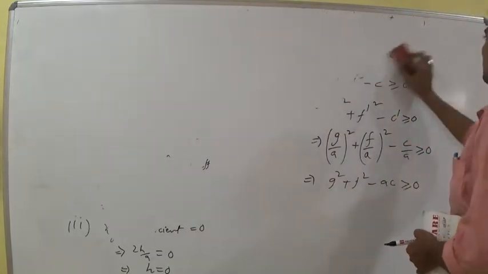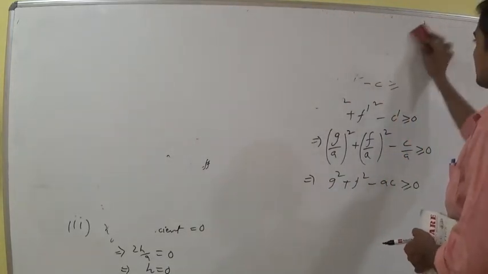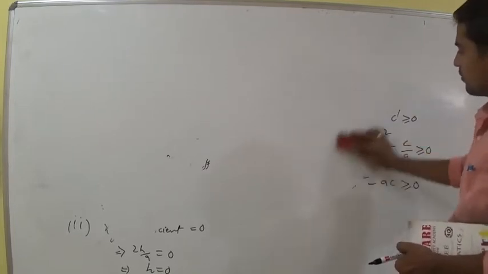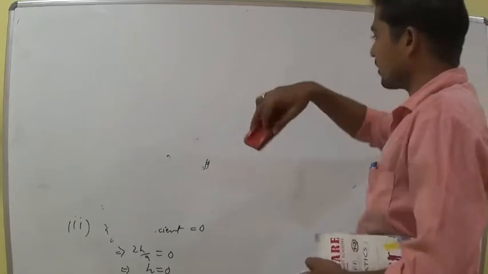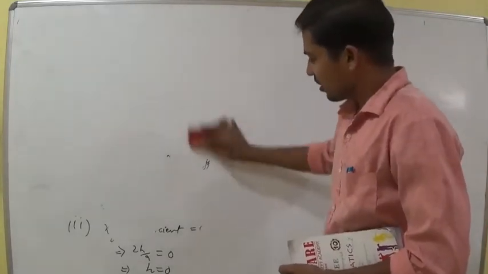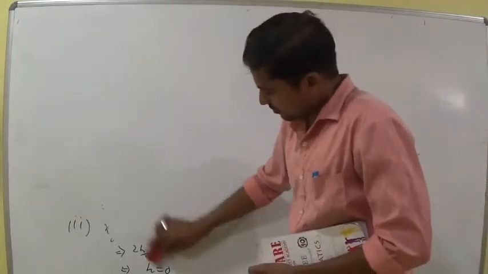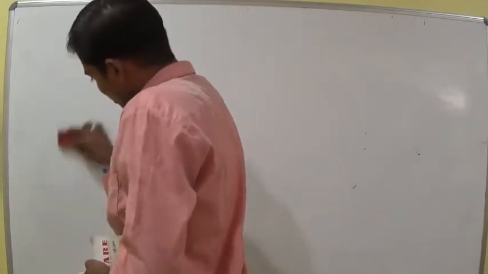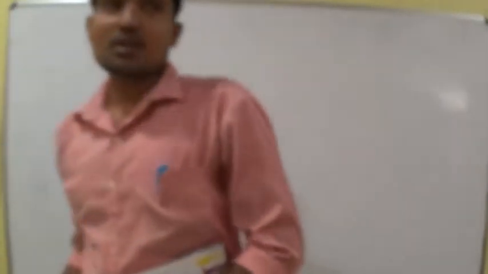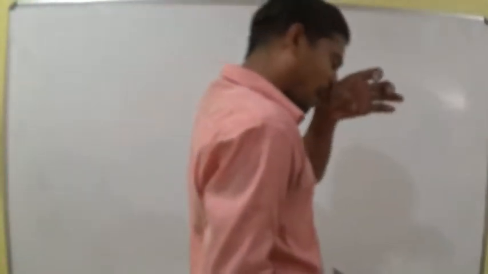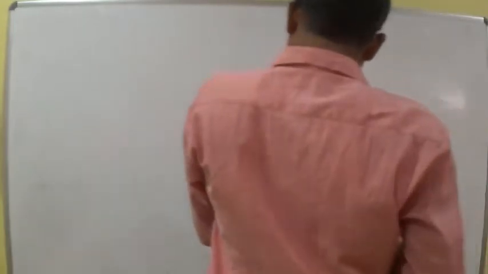Suppose the equation of a circle is x² + y² + 2gx + 2fy + c = 0, and the equation of a concentric circle is x² + y² + 2gx + 2fy + λ = 0. Here only λ is the difference. λ is nothing but a constant. Two circles that differ by only a constant are called concentric circles.